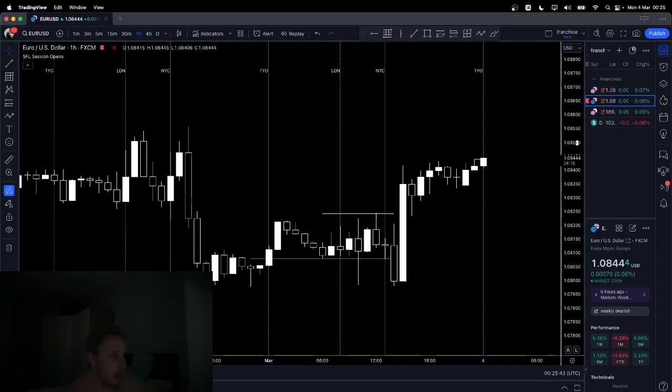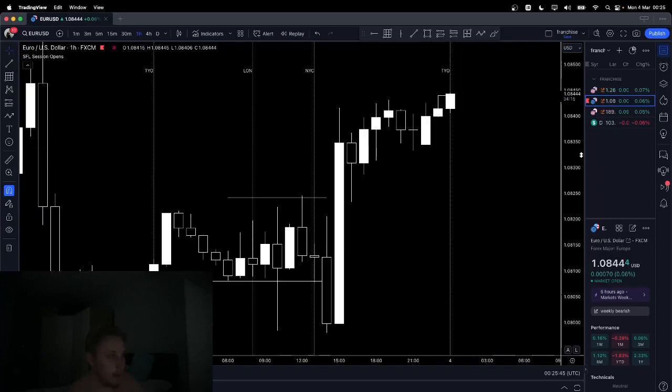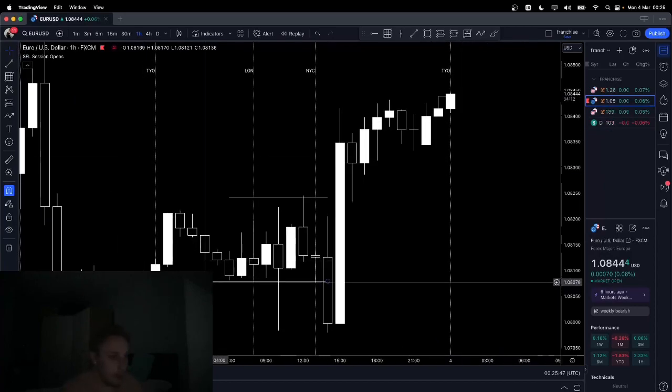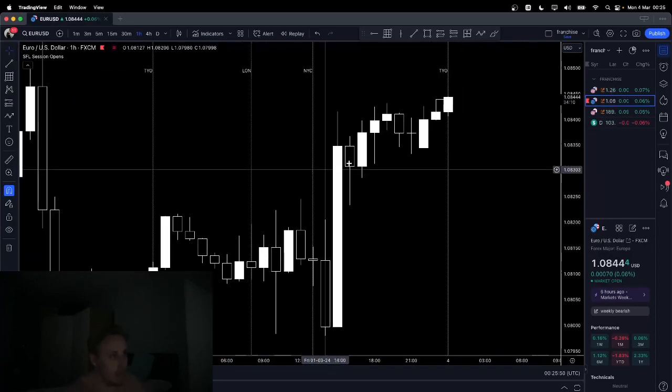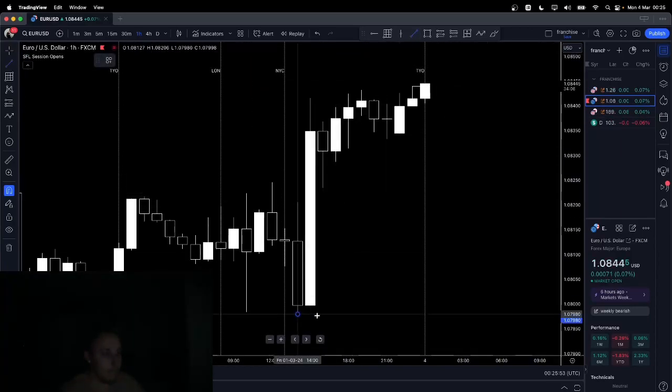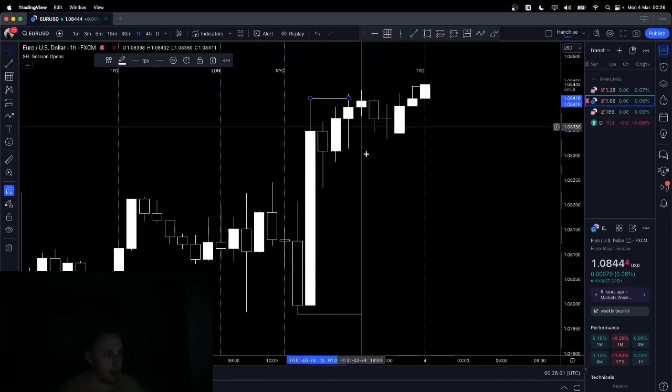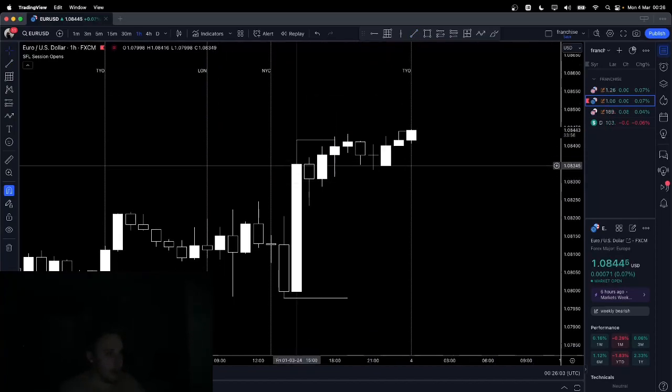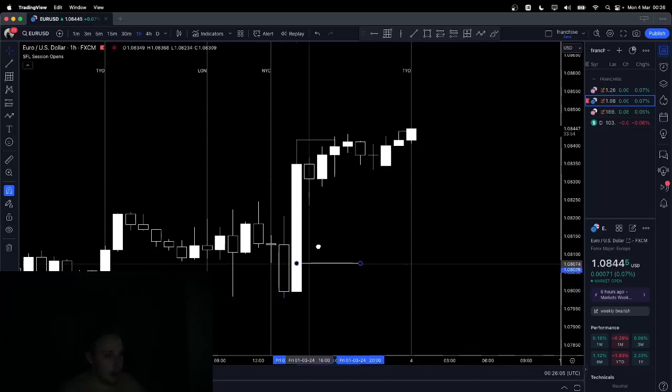And if we do the same on the hourly time frame, we won't go from that far back, we'll do it from here. So we've got a move down, then a move up, that's our low. Move up, then a move down, that's our high. Move down, then a move up, that's our low.